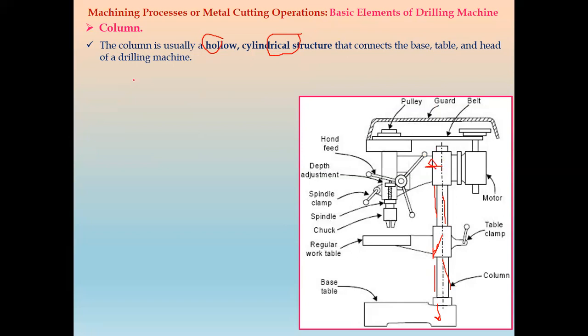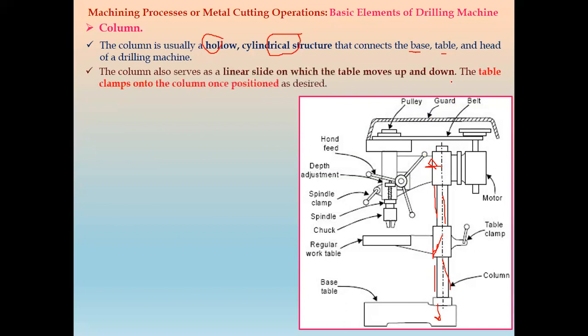The column carries the base, then the work table and the head. The column is also used as a linear slide on which the table can move up and down, so it can be lowered or raised to accommodate different sizes of work.